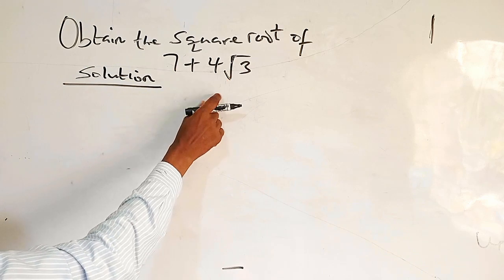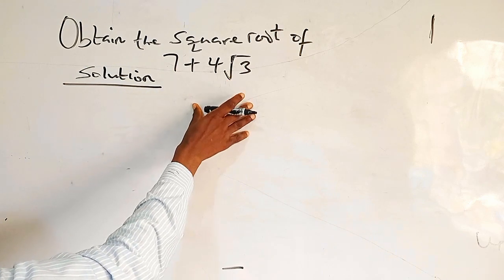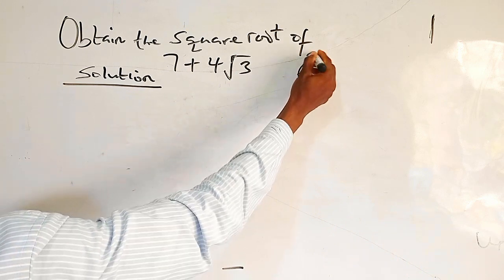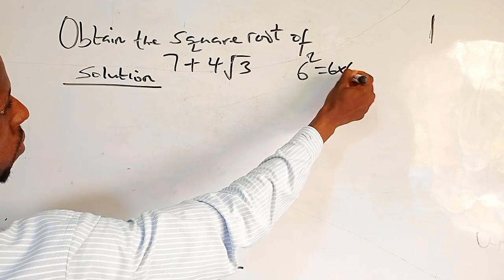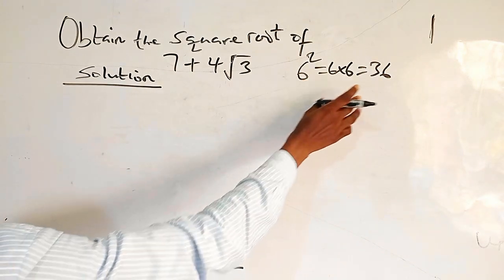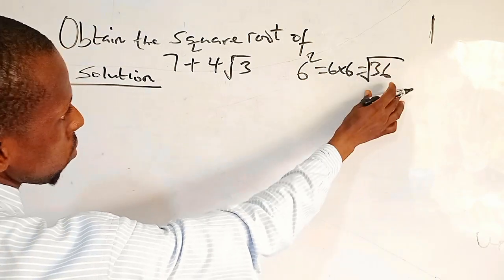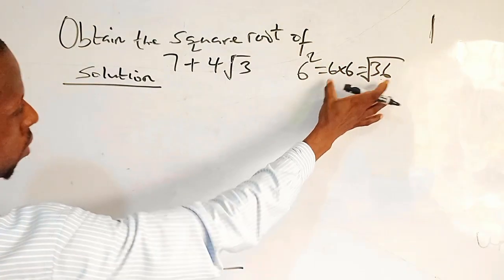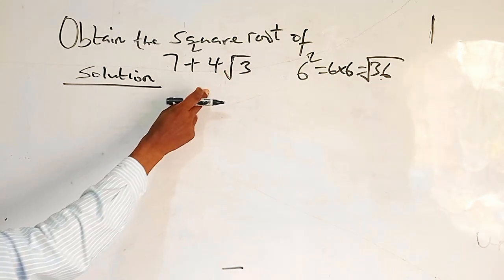So for this surdic expression, do not forget that 6 squared is the same as 6 times 6, that is 36. Meaning the square root of 36 is 6. So let's use this assumption to work this out.